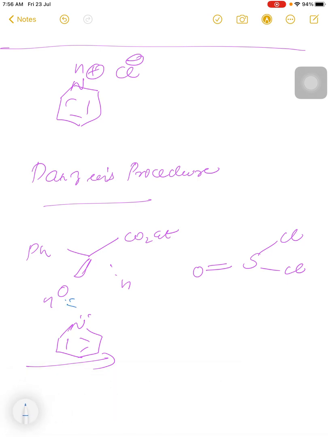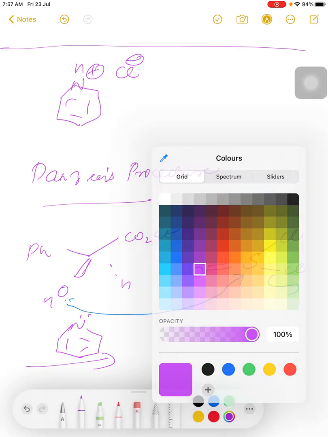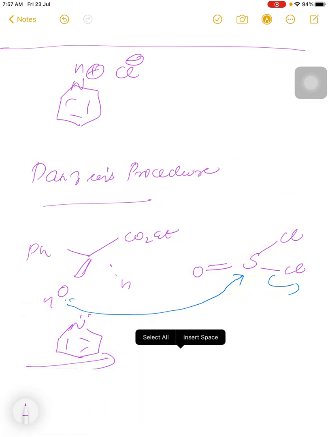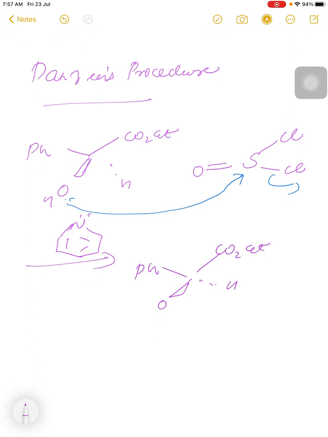The lone pair of electrons on oxygen will attack the sulfur, and the Cl minus will be eliminated, and you will get the alkyl chlorosulfite. And along with that, you will have the pyridinium hydrochloride.